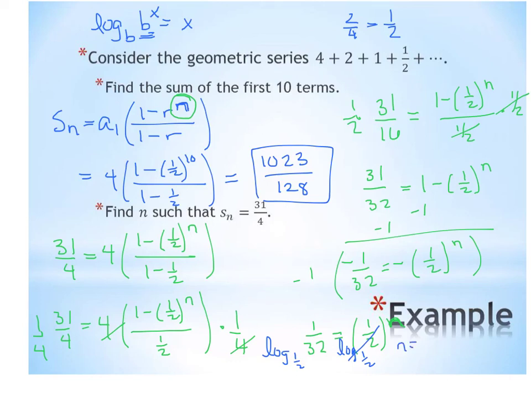We have n equals log base a half of 1/32. Remembering that's not 1/32, it's 1/2. Remembering your change of base, this is log of 1/32 over log of a half, and you just type that into your calculator exactly like that, and you get n equals 5.